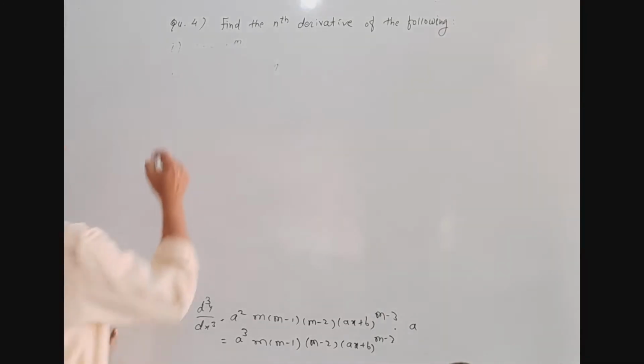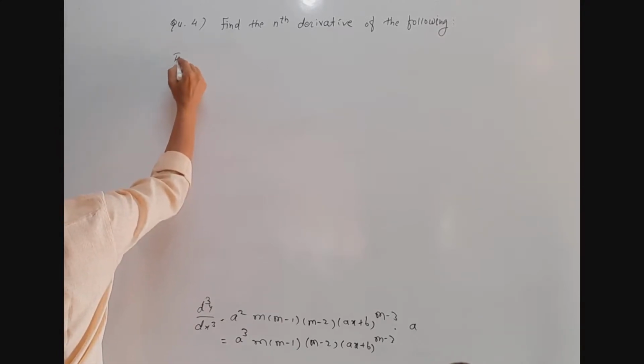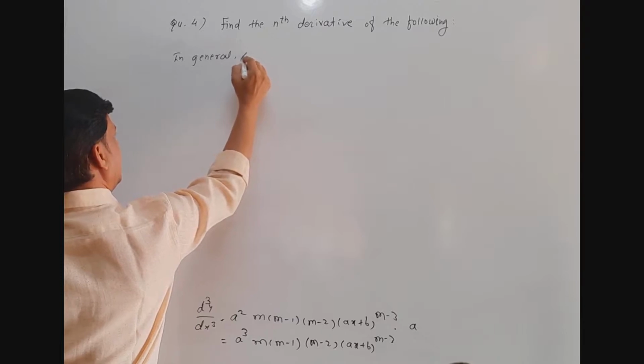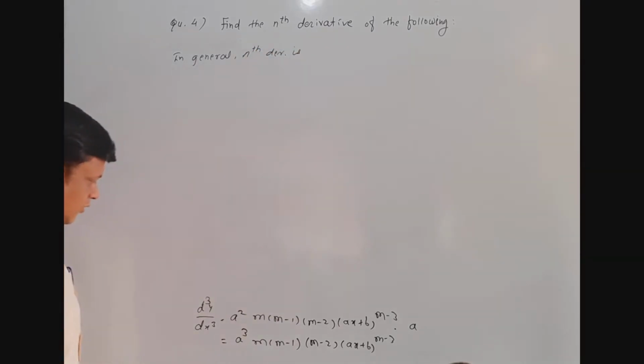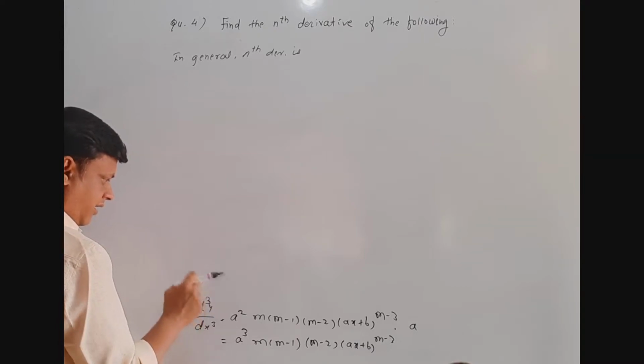So we write here in general, nth derivative is, now we have to write here nth derivative, that means we have to replace this 3 by n.